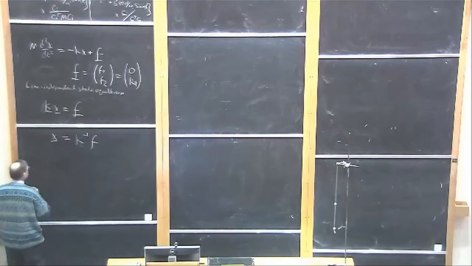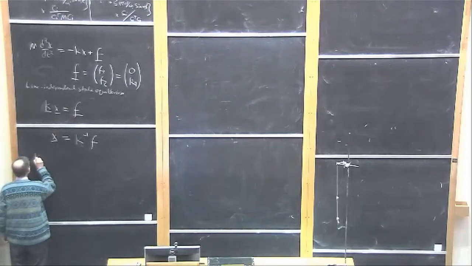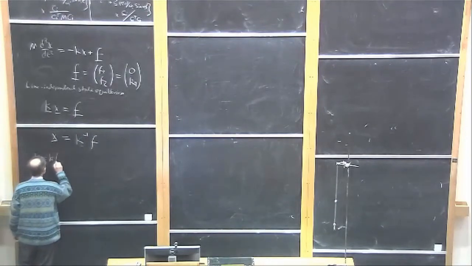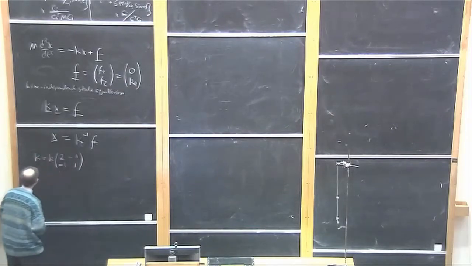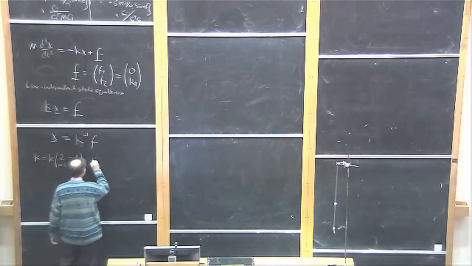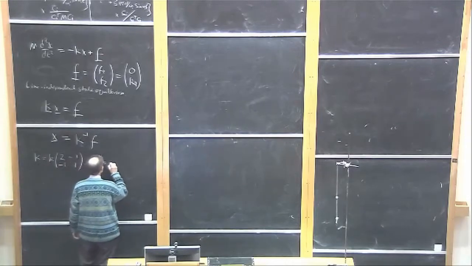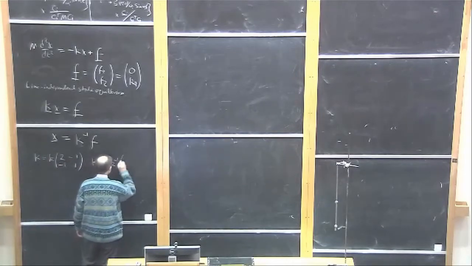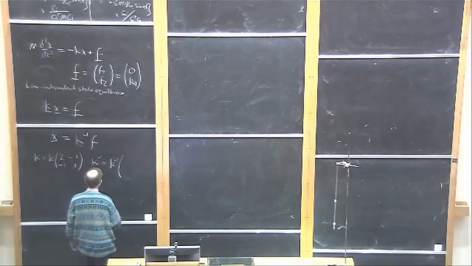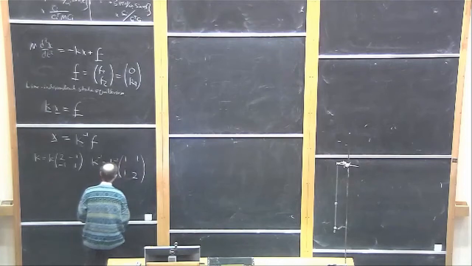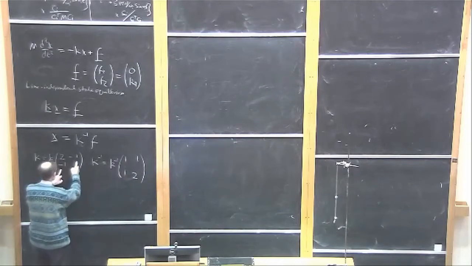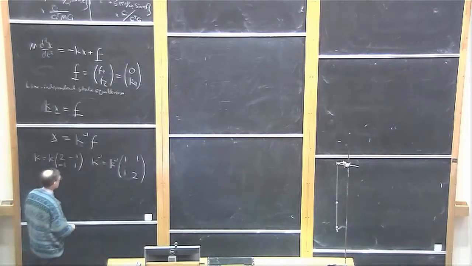So let's just work that out. So K is K times (2, -1; -1, 1). And so K inverse is K inverse times (1, 1; 1, 2), divided by the determinant, which is 2 minus 1, which is 1.